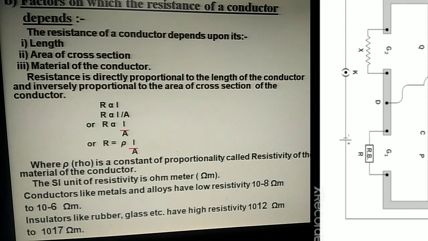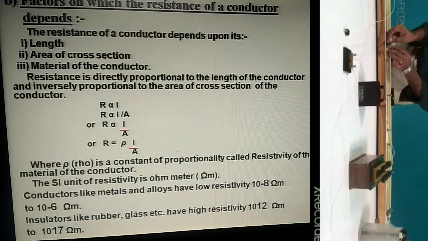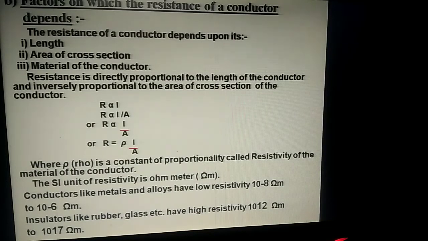The SI unit of resistivity is ohm meter. Conductors like metals and alloys have low resistivity, that is 10 to the power of minus 8 ohm meter to 10 to the power of minus 6 ohm meter, whereas insulators like rubber, glass, etc. have high resistivity, that is 10 to the power of 12 ohm meters to 10 to the power of 17 ohm meters.